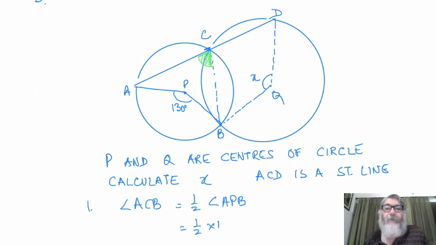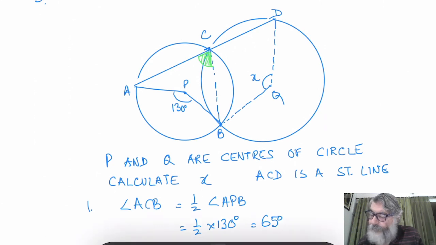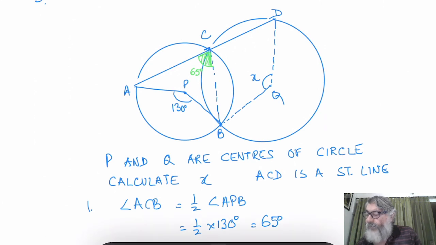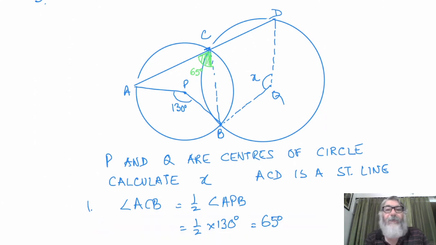This is again the double angle property. The angle subtended by an arc at the center is double the angle which it subtends at the remaining part of the circumference.